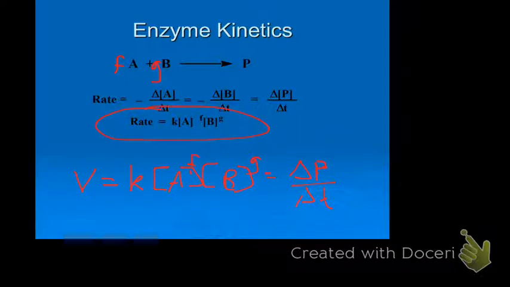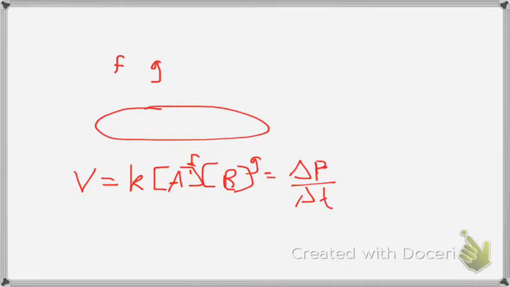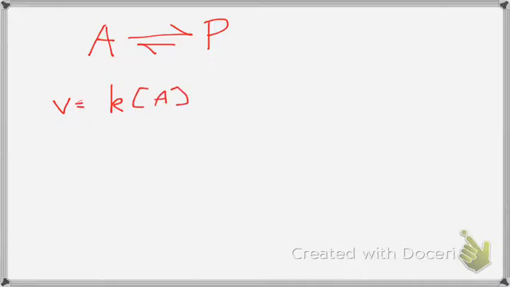Then we had this idea of orders. So let me just go on, I have a good PowerPoint for it. For example, if we had just A goes on to make some product, I'll say P for product, then the rate, V, would be equal to K times A. This is called a first order rate constant, or first order rate.